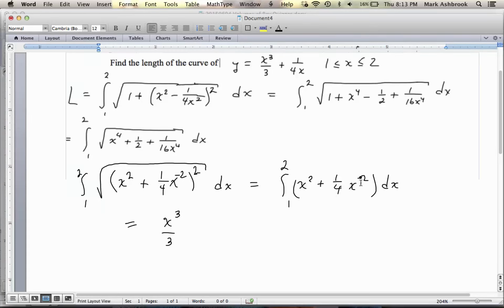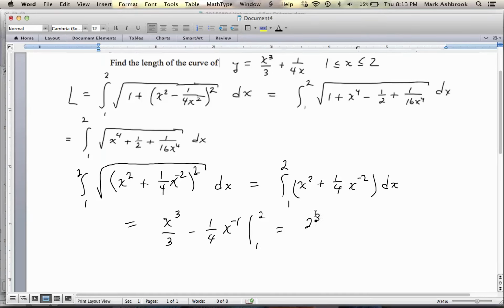Let's see, what would this be? This would be x to the minus 1. So minus 1/4 x to the minus 1. Let's just check to make sure that that's right. Take the derivative. -1 times -1/4 is positive 1/4 x to the minus 2. Okay, and we're going to evaluate that from 1 to 2.